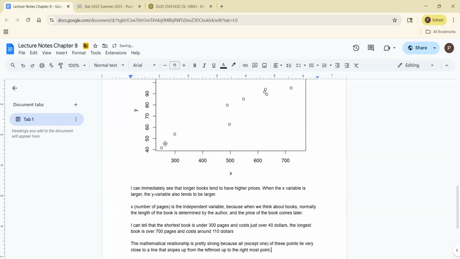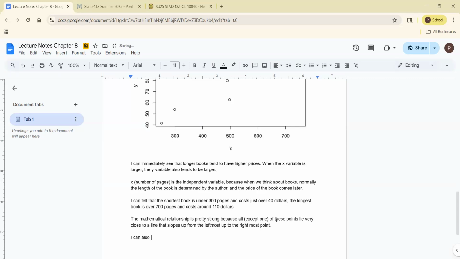If you were to draw a line in here, a lot of these books lie very close to that line. There is this one here that's 500 pages and only costs $65. I can also see that there is at least one book that doesn't fit super well with this trend.